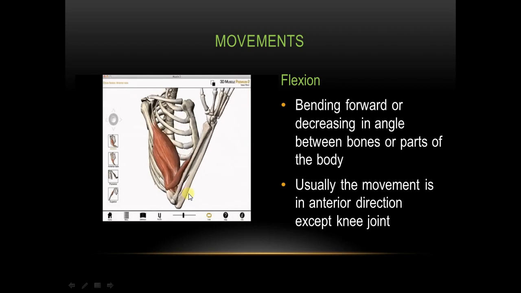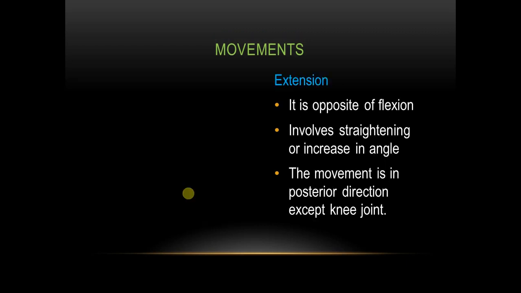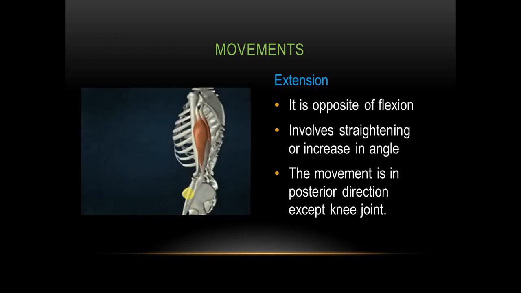So we'll go to the next movement, which is called extension. Extension is definitely the opposite of flexion. When you have bent, naturally it has to come again to the normal position, or straightening. That is called extension. So when that part moves posteriorly, when there is an increase in the angle, it is called extension.